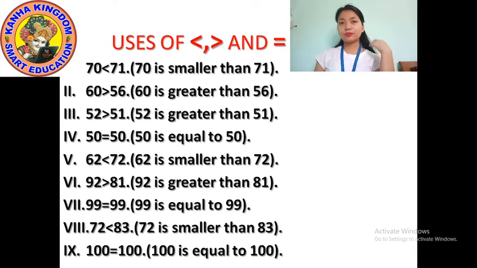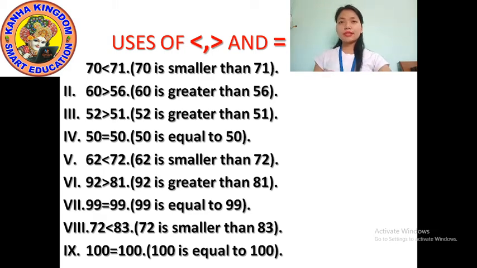Now 99 is equal to 99. We all know that, right? If you compare 99 with 99, you will find that the numbers are the same and equal. And at second last, 72 is smaller than 83.